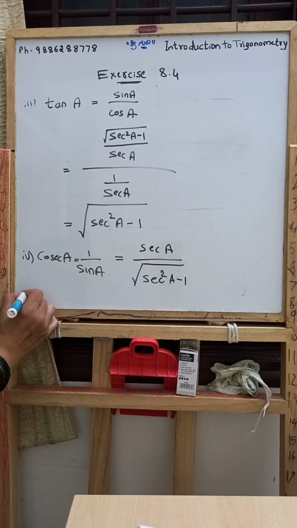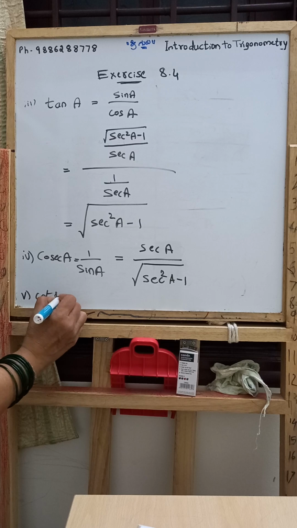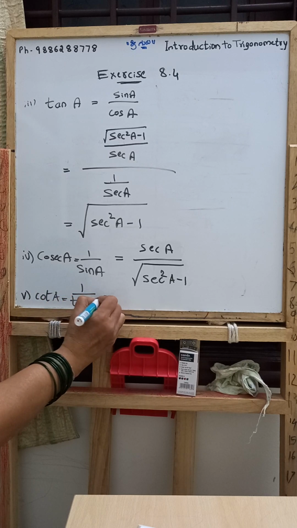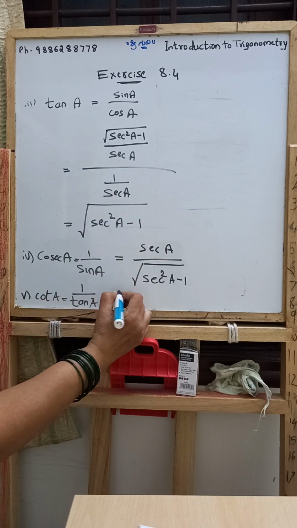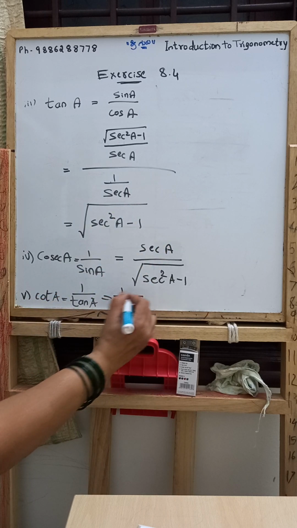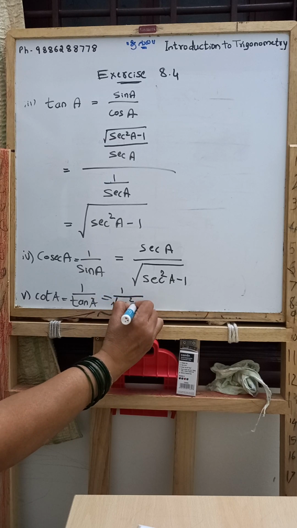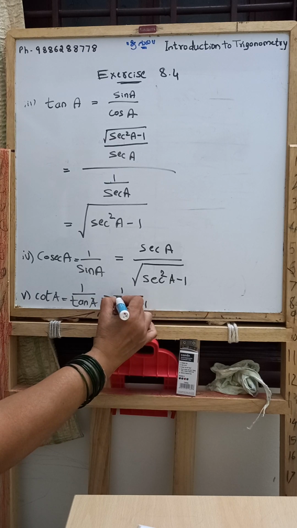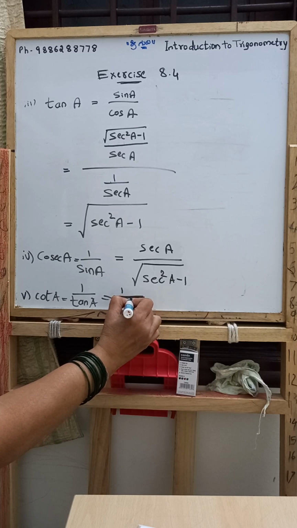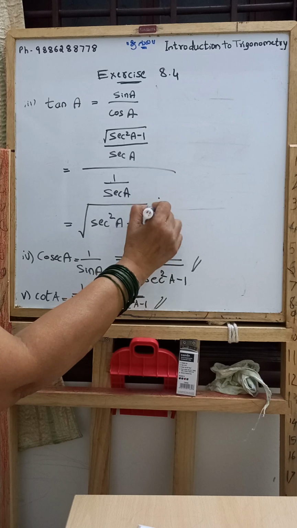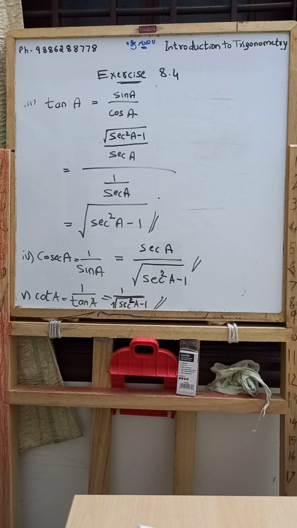And cot A is equal to 1 upon tan A. This is equal to 1 divided by the square root of sec square A minus 1. So these are the trigonometric ratios in terms of sec A.